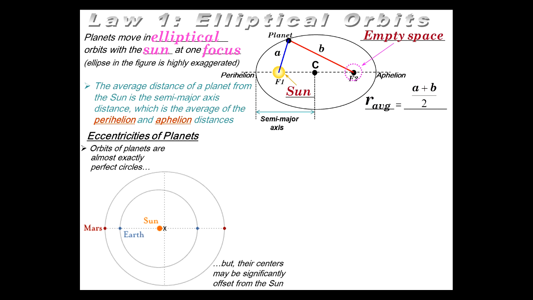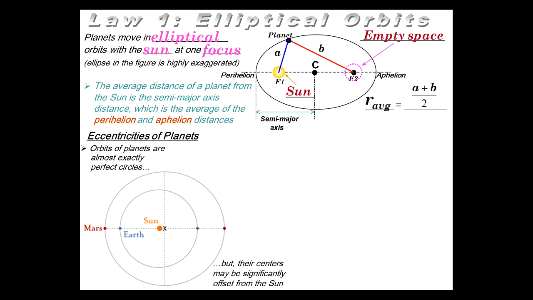They're not perfect though, but they're quite circular, yet the centers of the orbits are offset from the sun. I'm sorry, really what we should say is they orbit the sun. The centers of the circles, or the paths themselves, are not located with the sun.